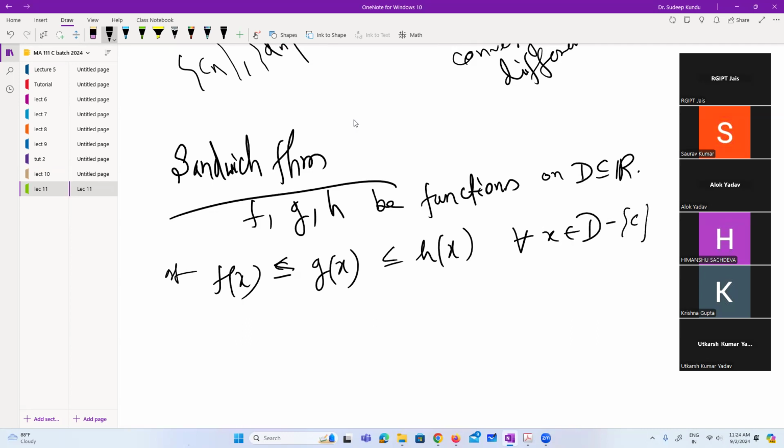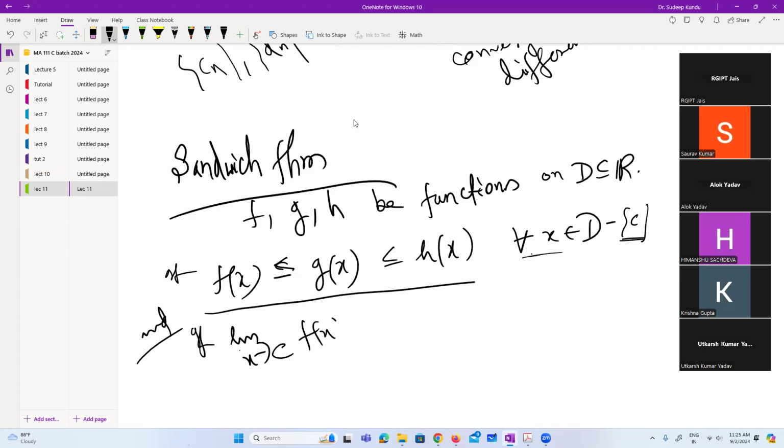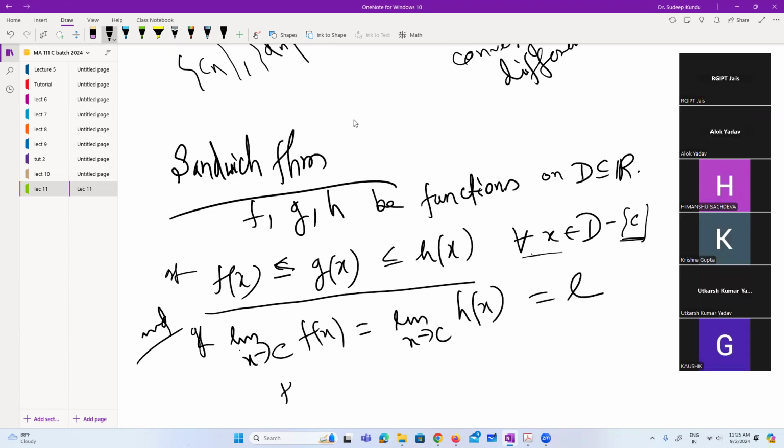So here the limit is as x tends to c, which means we don't care what is happening at exactly c. That's why we have removed c from the domain. Now, if the limit as x tends to c of f of x equals the limit as x tends to c of h of x equals L, then what is your conclusion?